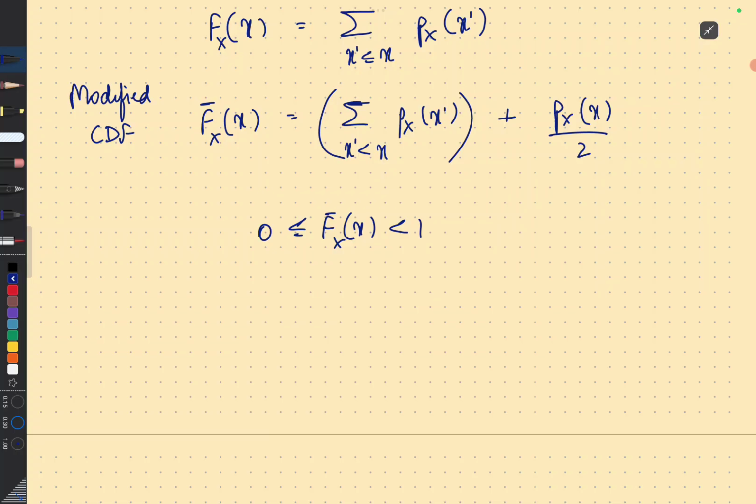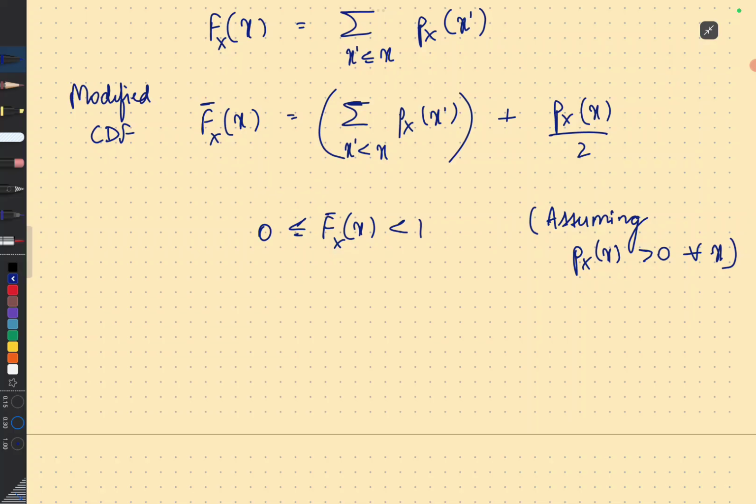All right, if not, we can just remove that from the alphabet. So this f bar of x is a number between 0 and 1, strictly less than 1.